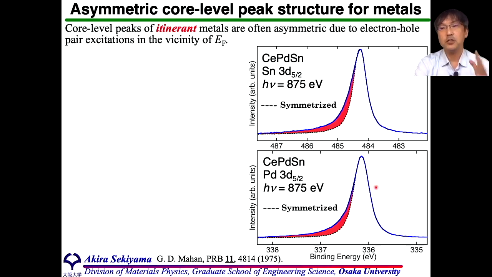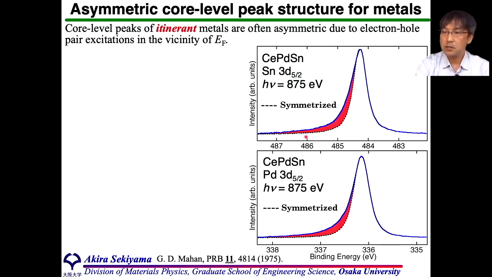These figures show real experimental data of the core-level photoemission spectra of tin and palladium. The upper panel shows the spectrum of tin 3d 5/2, while the lower panel shows the palladium 3d core-level photoemission spectrum.